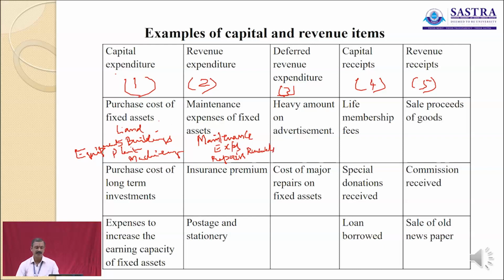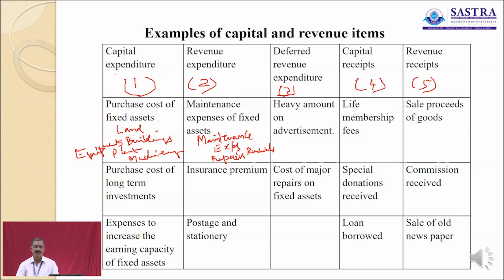Deferred revenue expenditure: the heavy amount on advertisement is known as deferred revenue expenditure. The capital receipt: see, life membership fees or lifetime fees are capital receipts.